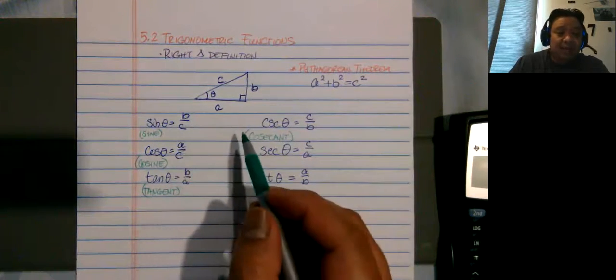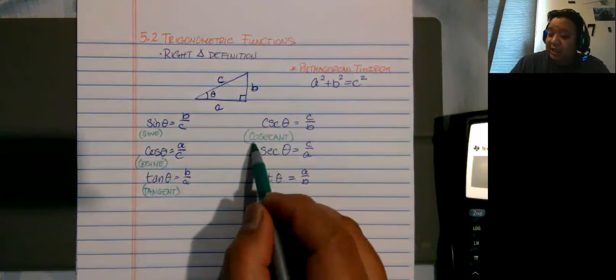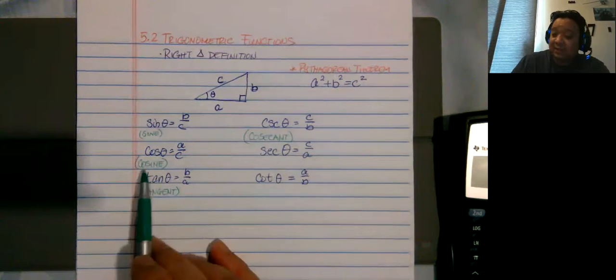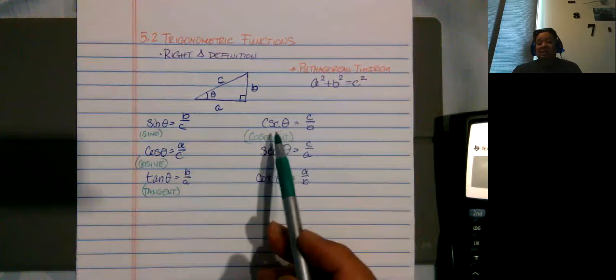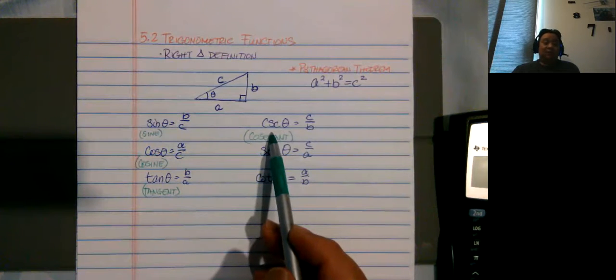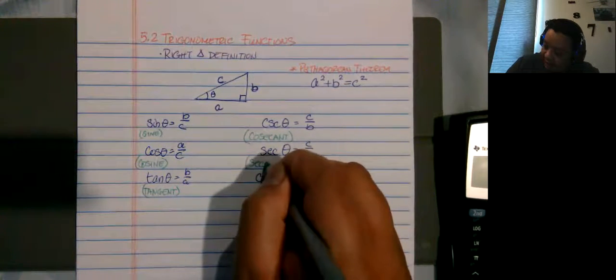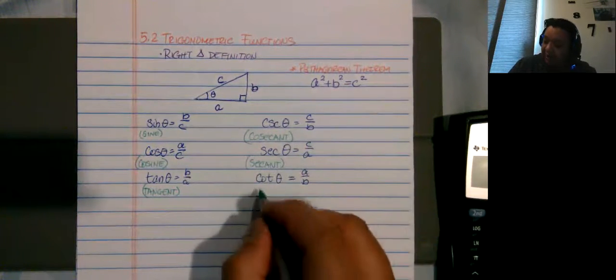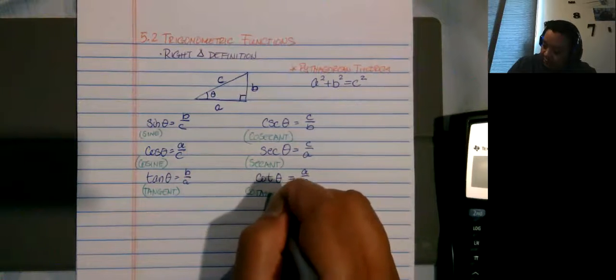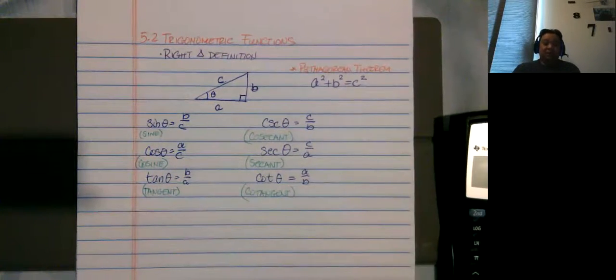Typically we use the first three letters, but since the first three letters of cosecant are cos, that's the same as cosine, so we couldn't use the same notation for its function, so we use CSC as the notation. Secant, SEC, and then cotangent. Those are the full names of each one of your six trig functions. Questions?